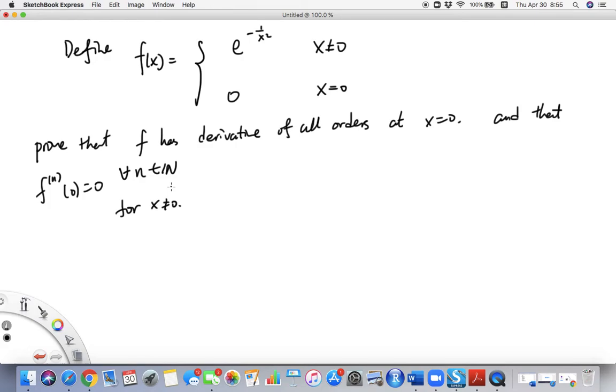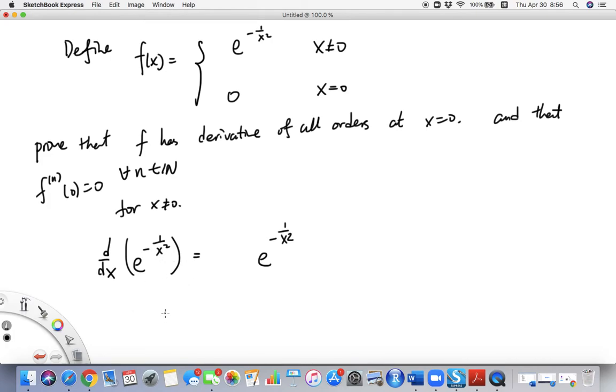Now let's compute the derivative. To compute the derivative, we use the chain rule. Let me rewrite this. The derivative of e to the minus 1 over x squared is equal to e to the minus 1 over x squared times the derivative of minus 1 over x squared, right?